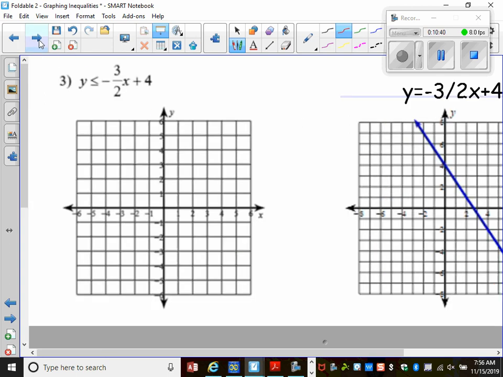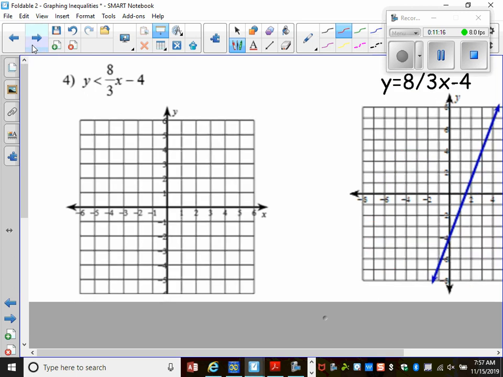All right, number 3. Again, it's a solid line because of the equal sign there. And since this is less than, we'll be shading below the line. And then number 4.